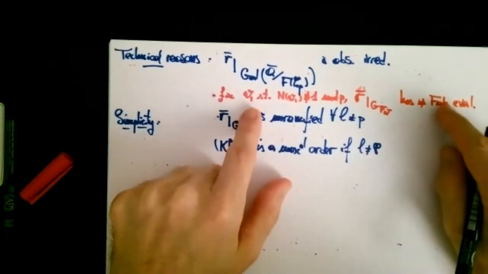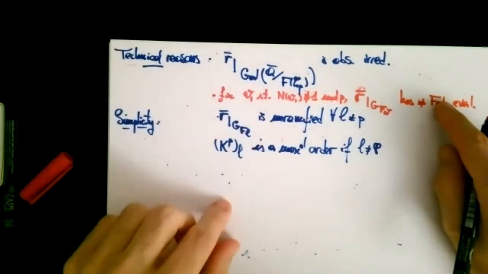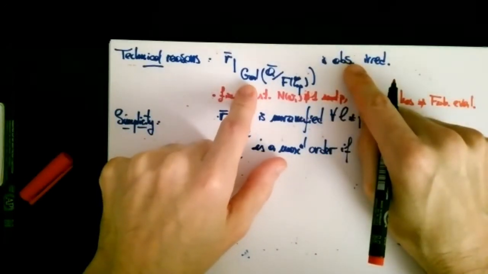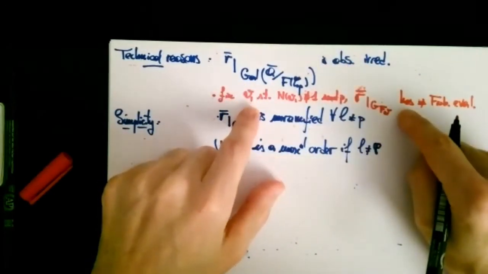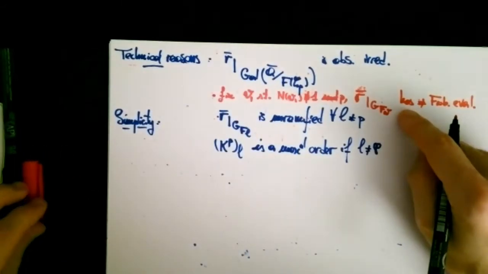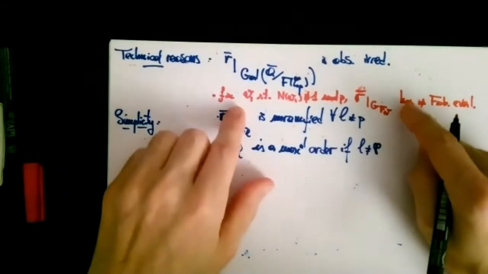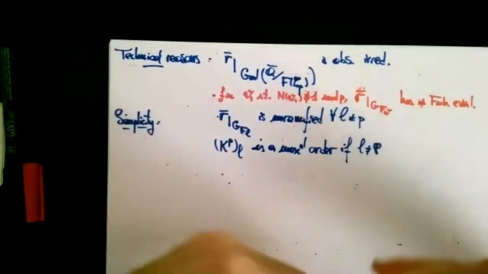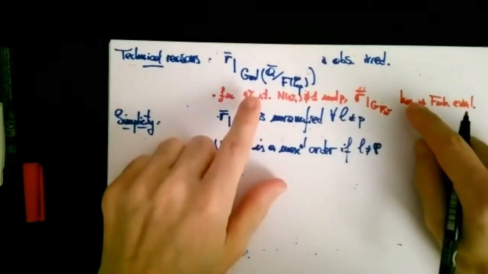So this is another technical reason which is needed in the patching constructions. This is needed for the existence of the so-called Taylor-Wiles primes. This is needed in order to get a formal smoothness of a certain local deformation ring.